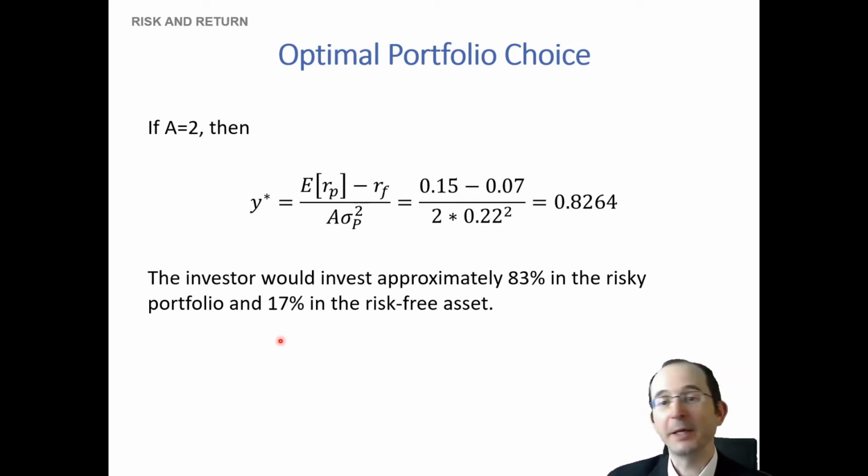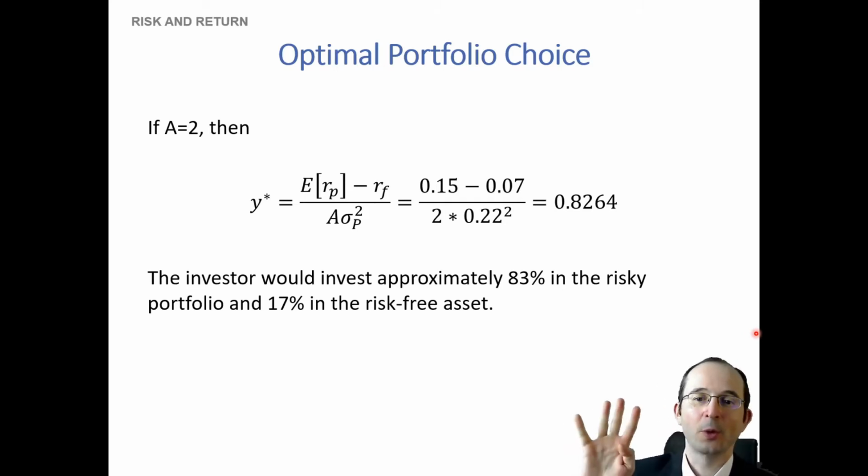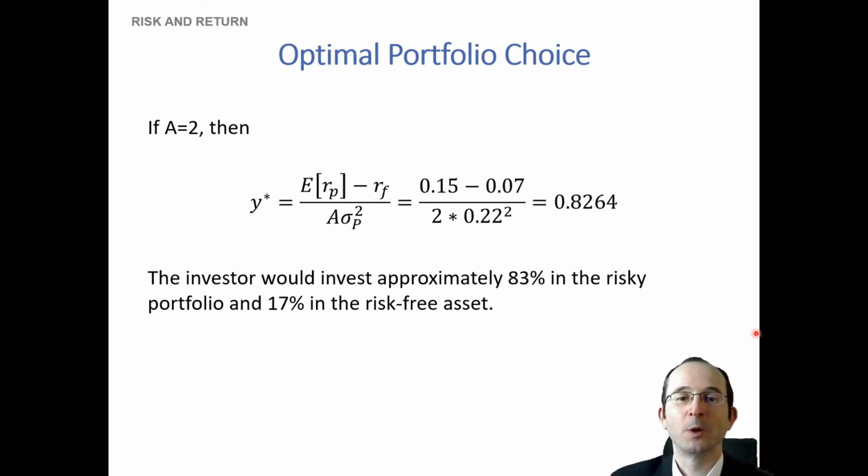And this makes sense because, remember, in the prior example we determined that an investor with a higher coefficient of risk aversion of 4 would want to hold only about 40% in the risky asset. So an investor with a lower coefficient of risk aversion actually wants to hold more in the risky asset.